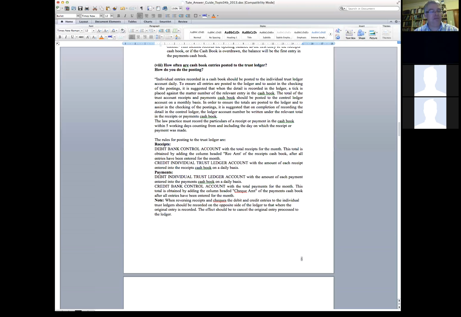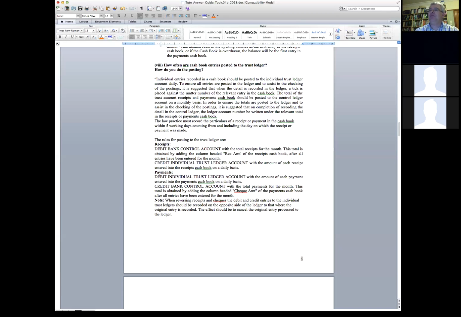So you've always got to be very careful with the authorities, what you're entitled to use the money for, because if you end up paying out on a trust account for a purpose that you don't have authority to do, that's going to create a situation where you're going to have to make good that deficiency in the trust account out of the firm's own money. So you've got to be very careful.